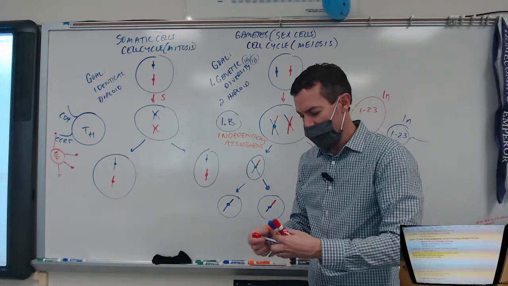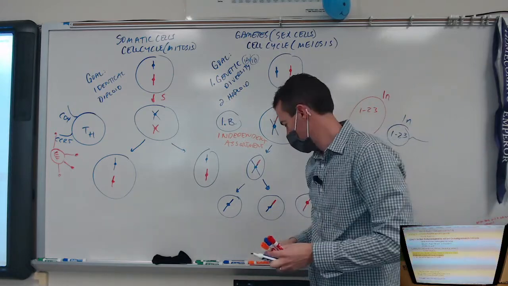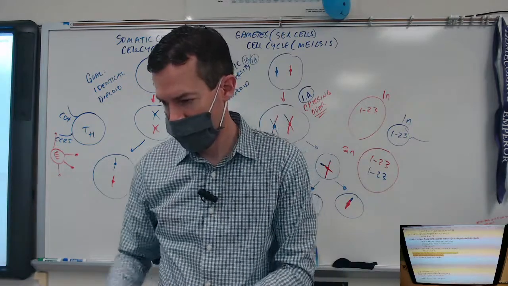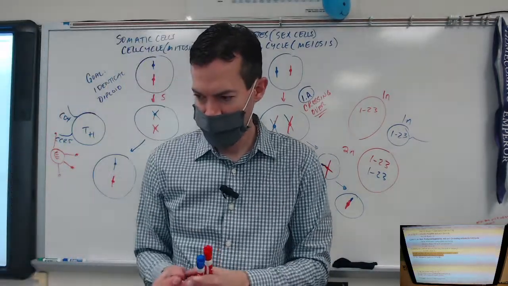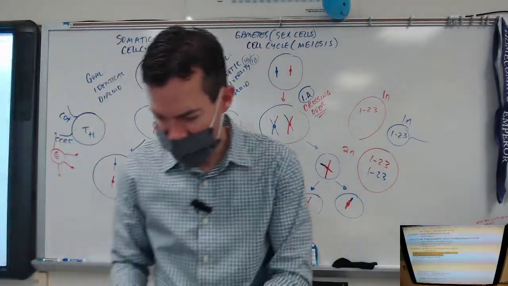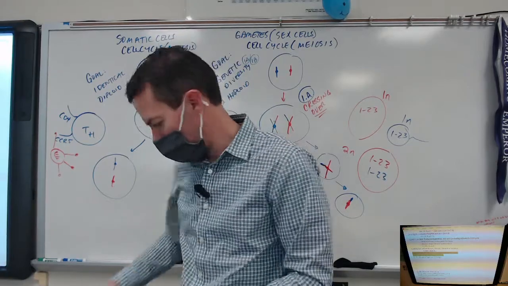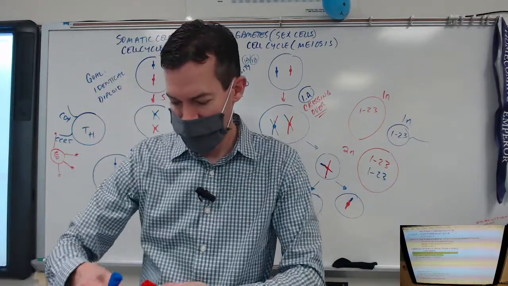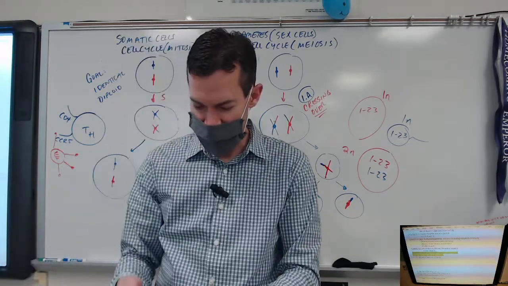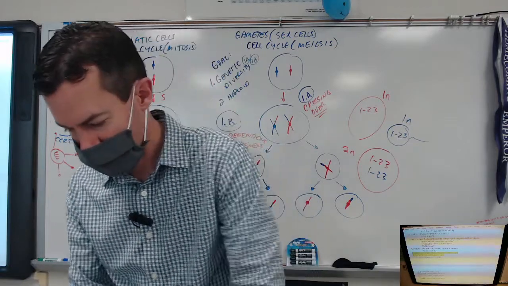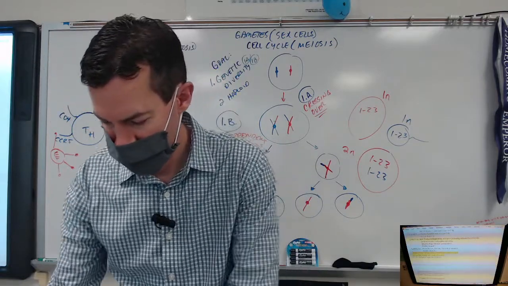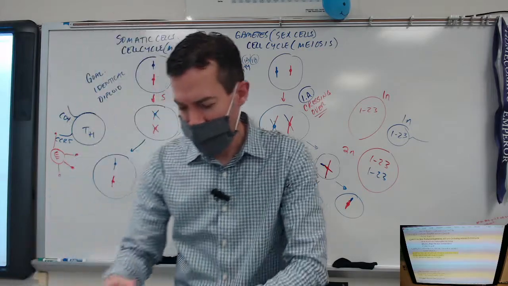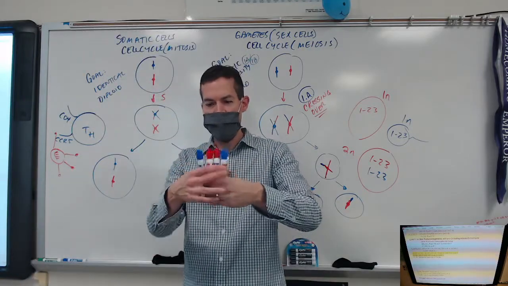So here is independent assortment. These guys cross over, let's say. Hang on, everybody's all crossed over now. All right, so these guys did some crossing over. Those are my chromosome 1s.